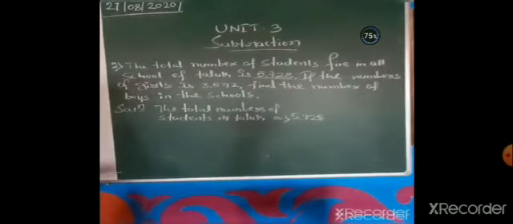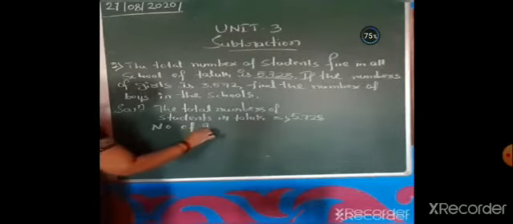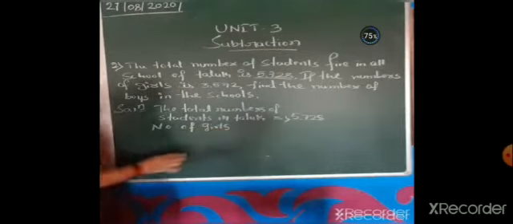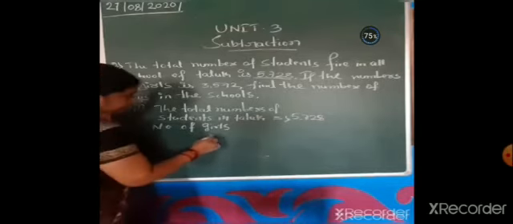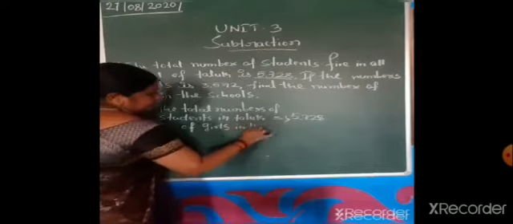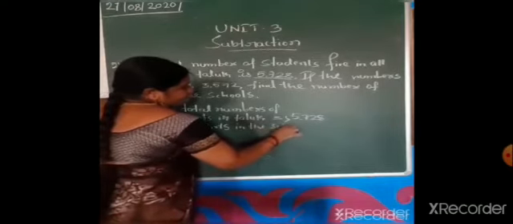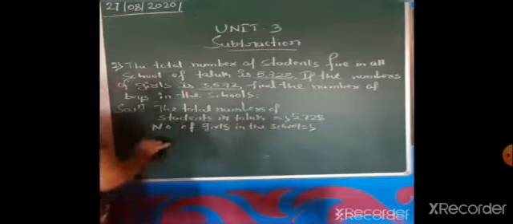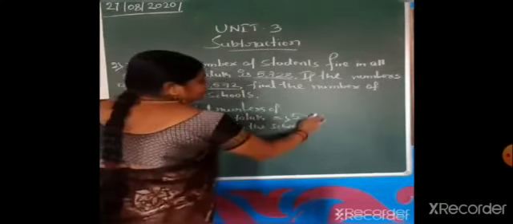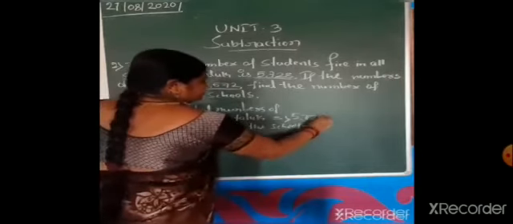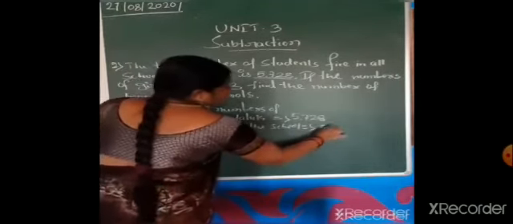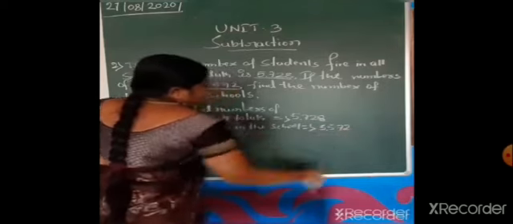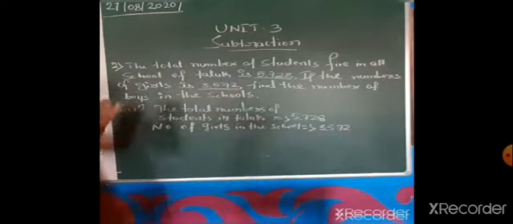So now they have given the number of girls. How many girls are there in all the schools of the taluka? The number of girls in the school. How many? 3572 students.